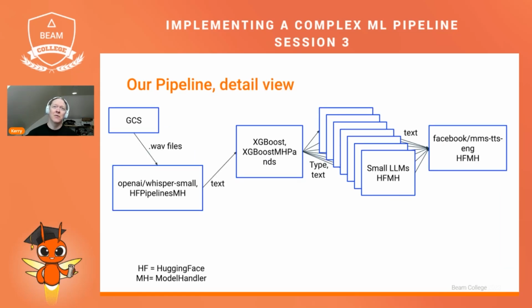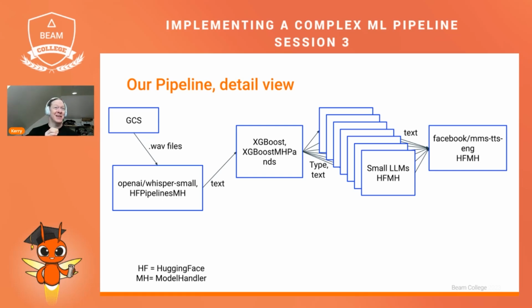So, if we look across our pipeline, we could now rewrite it in terms of the models we're using and the data format that is on each of the edges that connects those models together. Here we're going to start with data in Google Cloud Storage as WAV files. We're going to send those WAV files to the OpenAI Whisper Small model using the Hugging Face Pipelines model handler. That will output text that we'll send to XGBoost with the XGBoost model handler pandas.